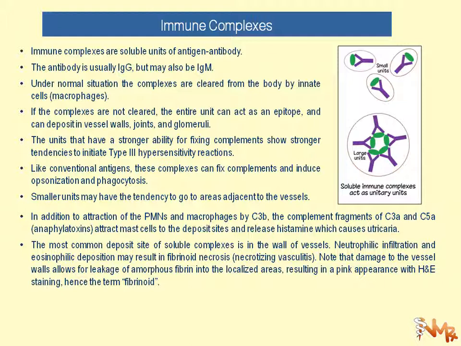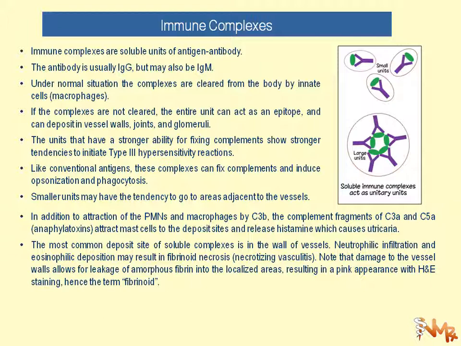The most common deposit site of soluble complexes is in the wall of vessels, as we said before. Neutrophilic infiltration and eosinophilic deposition may result in fibrinoid necrosis, the so-called necrotizing vasculitis. Also note that damage to the vessel walls allows for leakage of amorphous fibrin into localized areas.